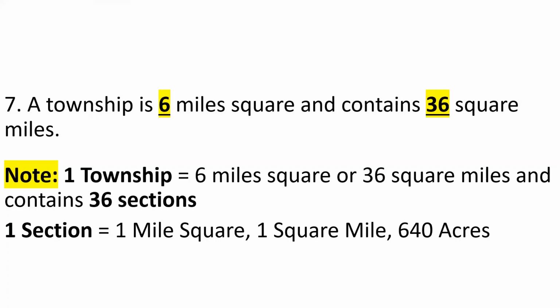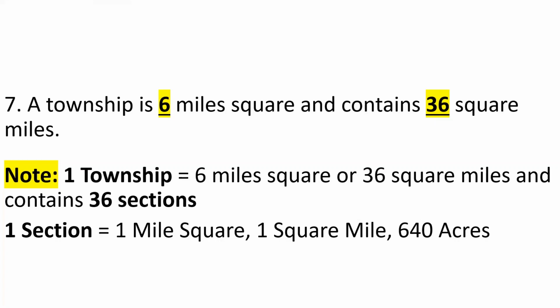Keep in mind, 6 miles square is not the same as 6 square miles. 6 miles north and south, 6 miles east and west, that is 6 miles square. And if you multiply 6 by 6, that will give you 36 square miles.